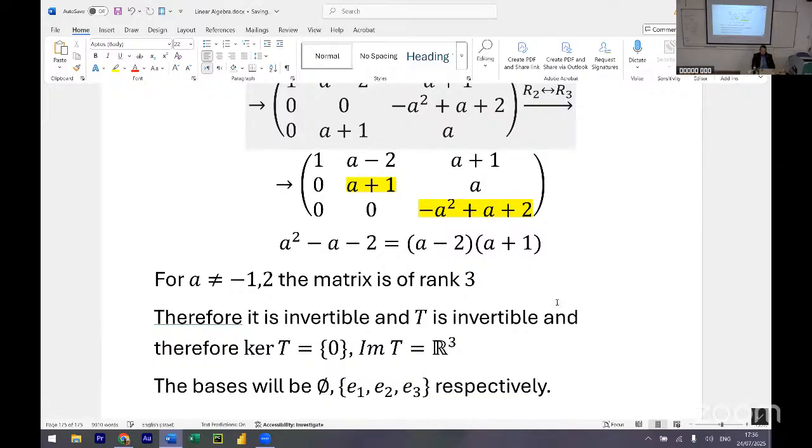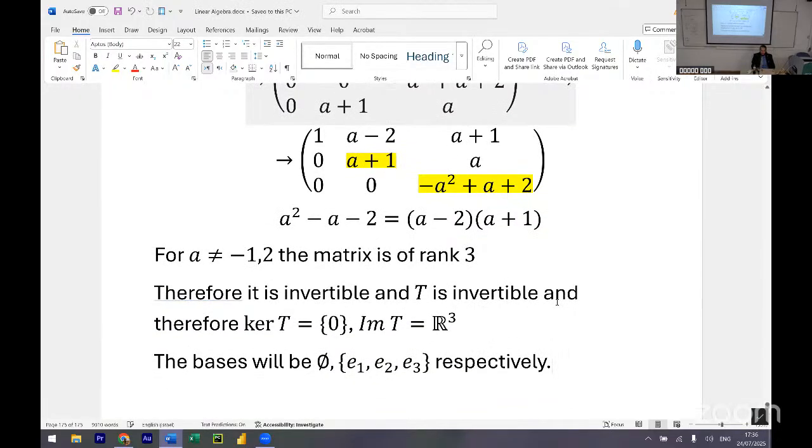That's why we won't need A, because if A is not minus 1 and it's not 2, the matrix is invertible, the function is invertible, and an invertible function is 1-to-1, meaning the kernel is 0, and it's surjective, meaning that the image is the entire range.